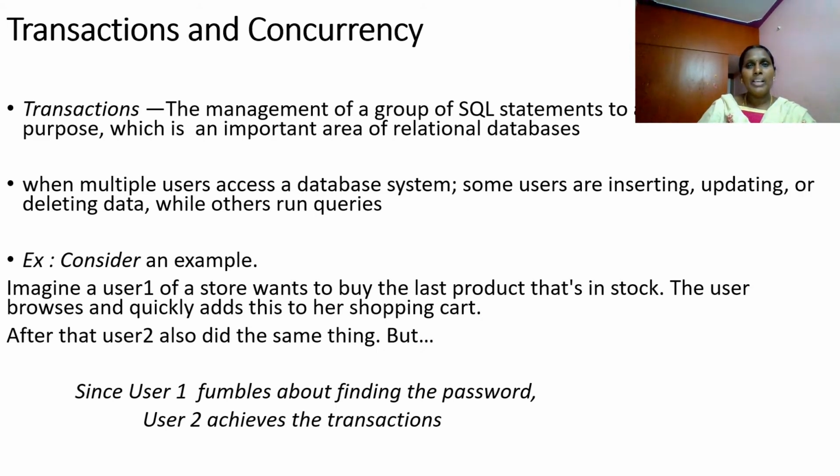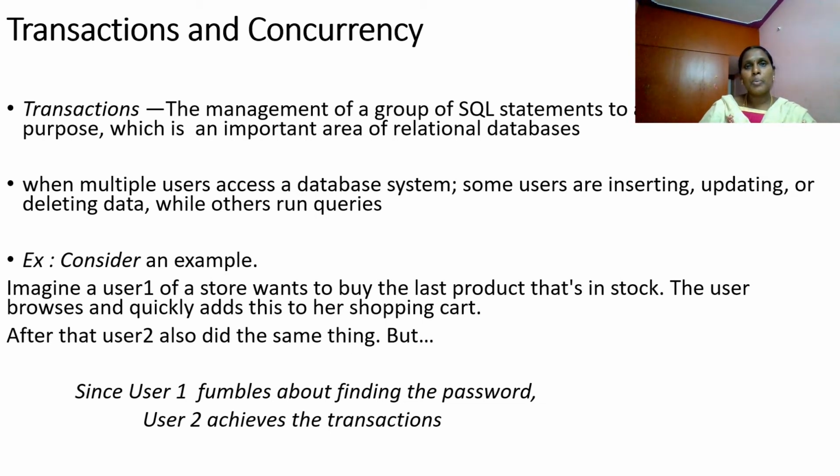While he is searching for his password, user 2 added the same product to his cart and bought it. So when user 1 gets the password and tries to buy that product, he will see the product is not available, because that was the last product.